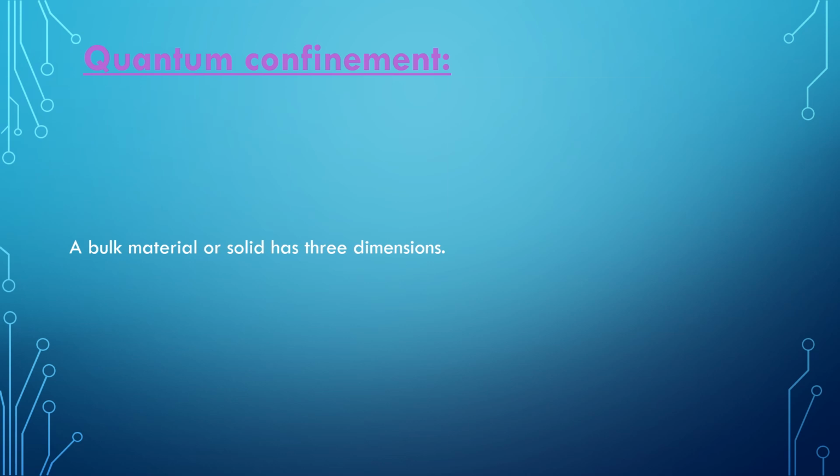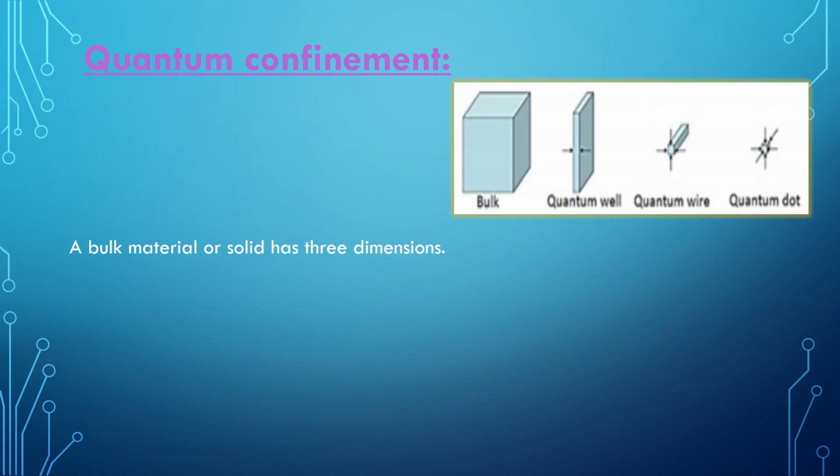Let's see one diagram. In this diagram, we can see this bulk material, which has dimensions in the normal range along the x-axis, the y-axis, and the z-axis. So we say it is a bulk material.